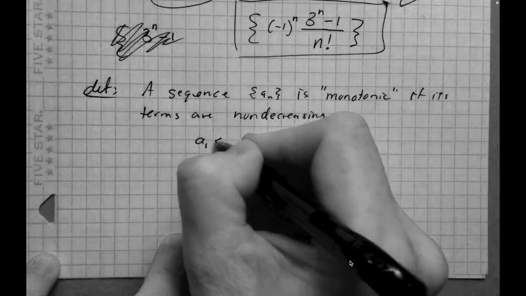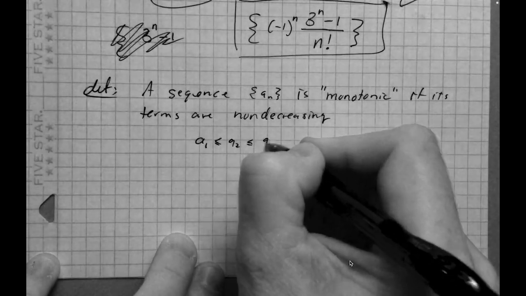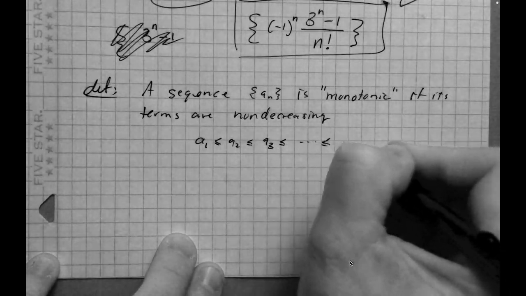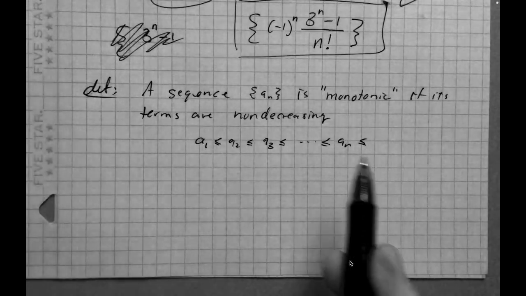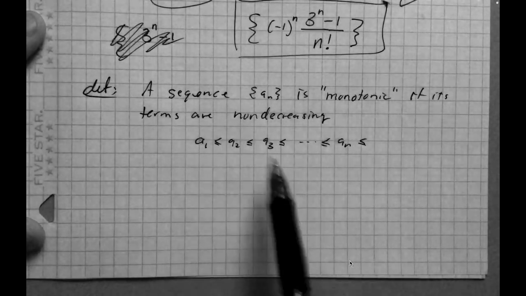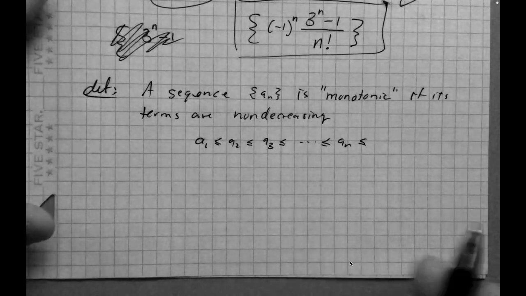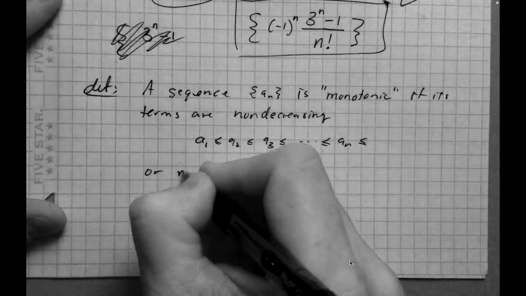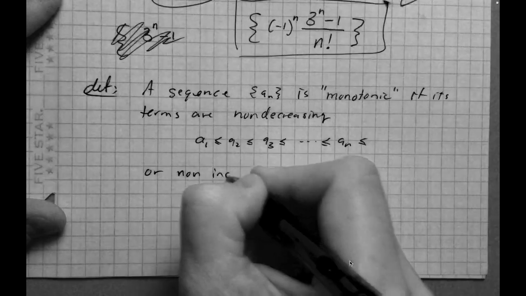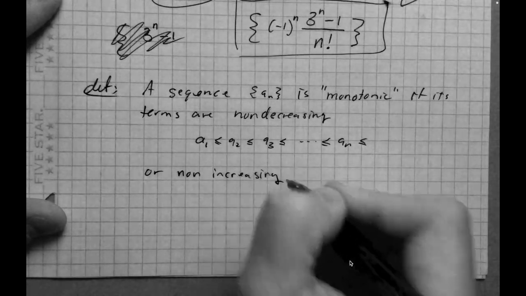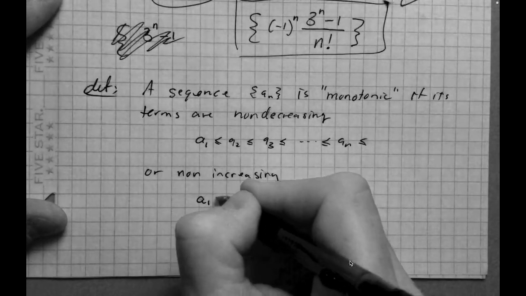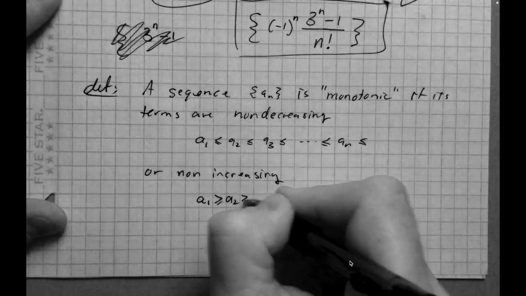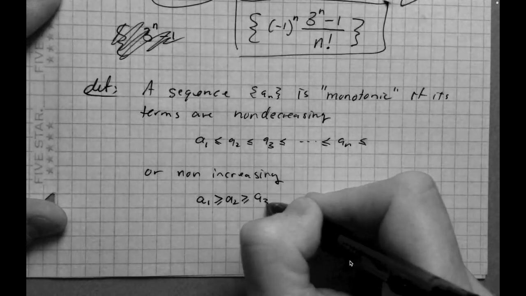Basically, a1 is less than or equal to a2 is less than or equal to a3, and so on. So it's monotonic if its terms are non-decreasing, or we'll say non-increasing, i.e. a1 would be greater than or equal to a2, greater than or equal to a3, and so on.